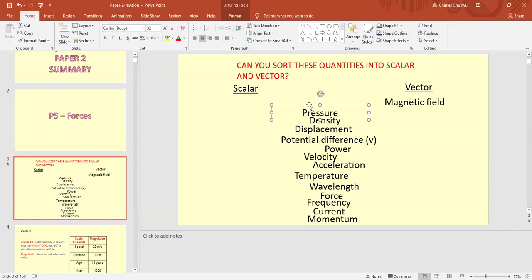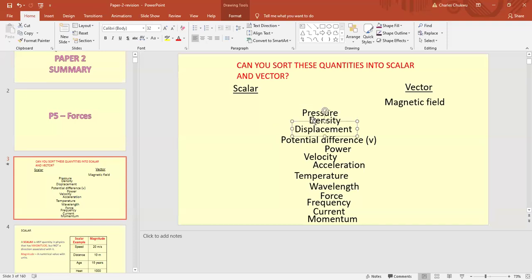It's usually acting downwards on the area, perpendicular to it. But you could say pressure is scalar because when you're calculating, we're not talking about a direction. You just know that it is pressure. So that one could be scalar.